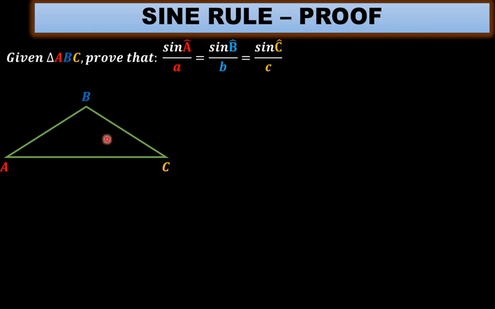So your triangle, or whatever you are proving here, is guided or dictated by what you are supposed to prove.